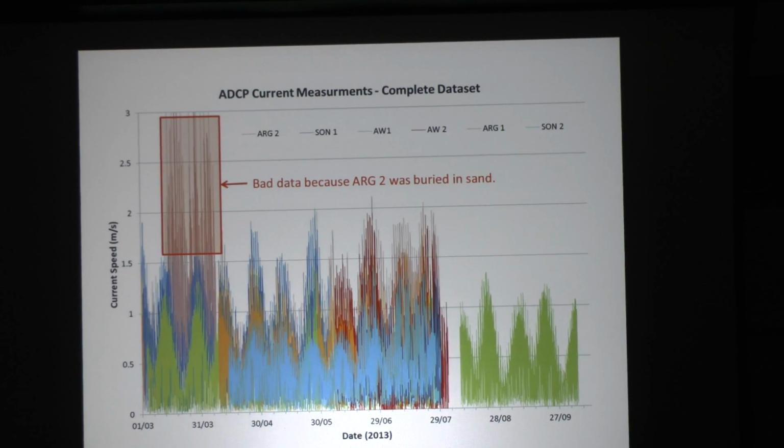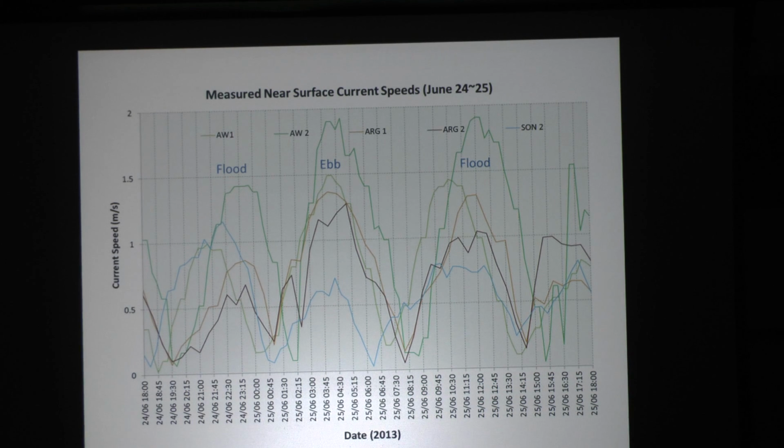The measured wave height in the area is something about 70 centimeters. No big waves there. And these are measured near surface current speeds in the area. As you see here, the pattern of ebb and flood is somehow similar.